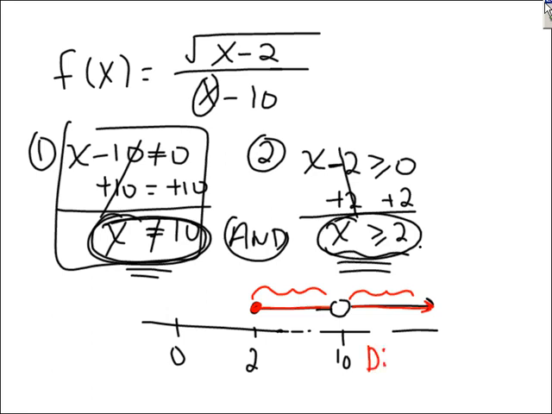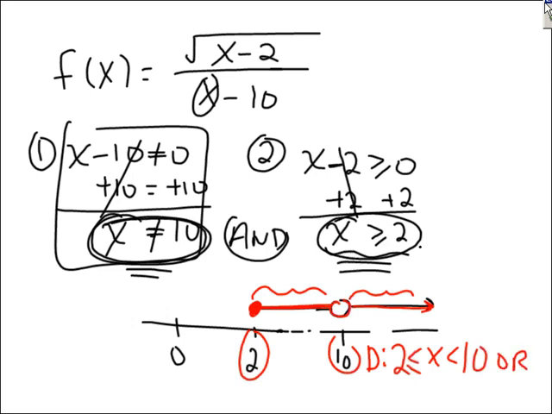The domain is, this is the symbol for in between. X can be in between 2 and 10. That's this piece. X can be in between 2 and 10. Since it's closed at 2, x can equal 2. Since it's open at 10, x cannot equal 10.